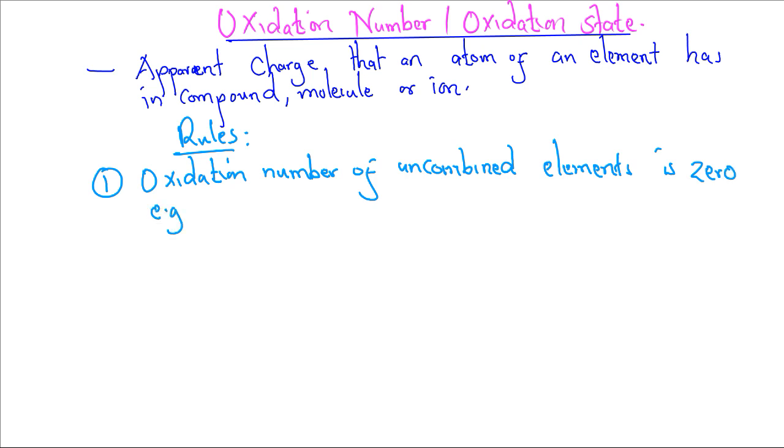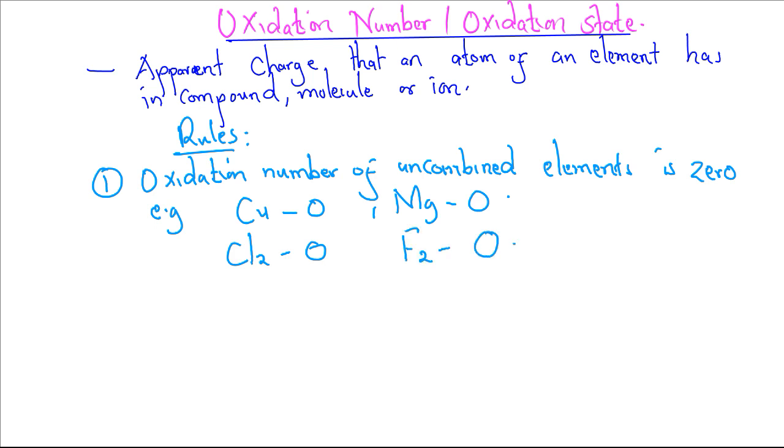E.g., if you have copper, that is uncombined, 0. Magnesium, oxidation number is 0. That of molecules is also 0. And we can have chlorine gas having oxidation number of 0, fluorine gas having oxidation number of 0.